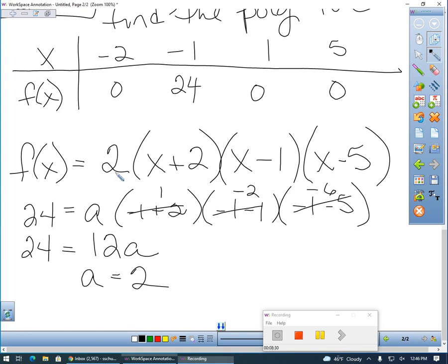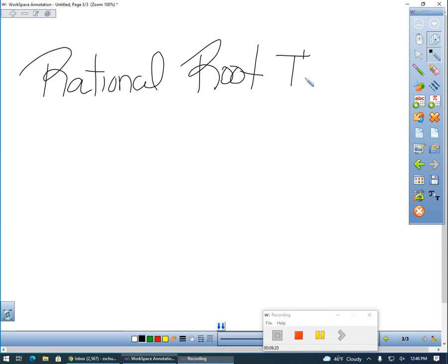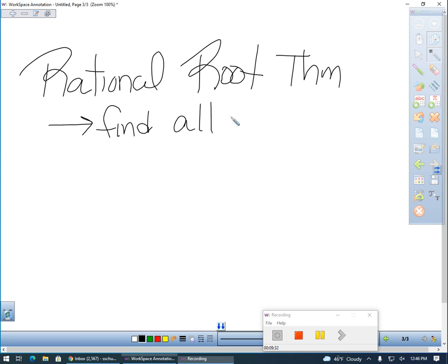I want to talk about the rational root theorem. Does anybody remember the rational root theorem? Yes, okay. So this is where we find all possible zeros.